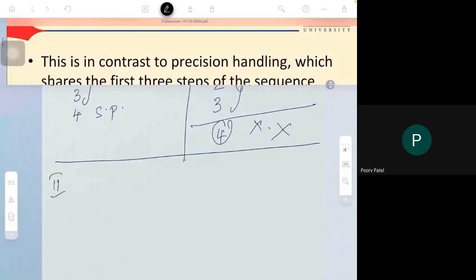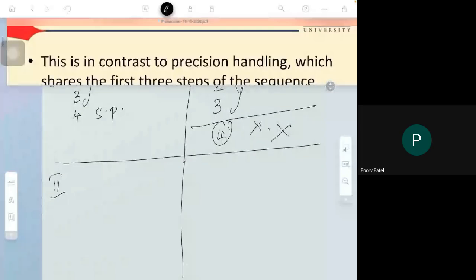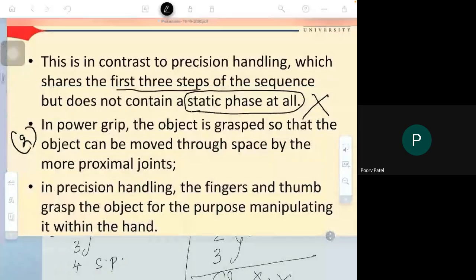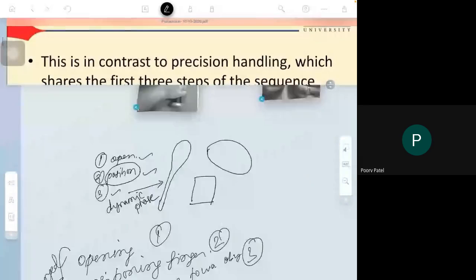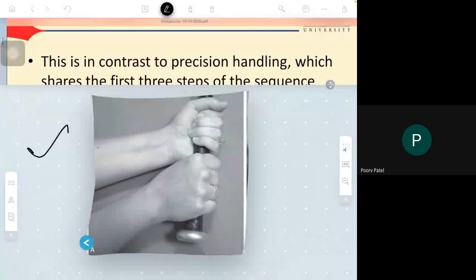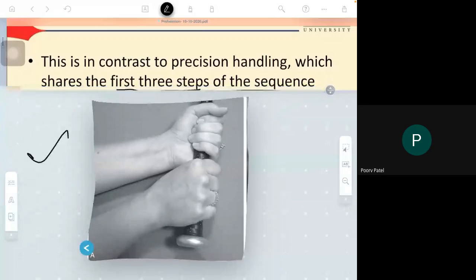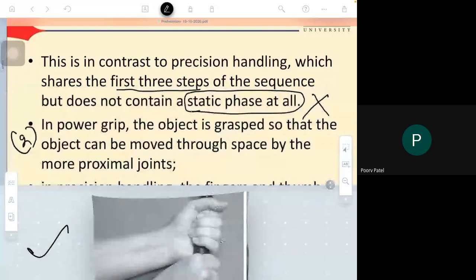What is the second point? The second point is in power grip, the object is grasped. Once the object is grasped, now you are moving the object through space.